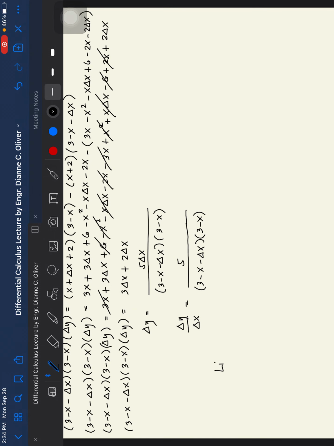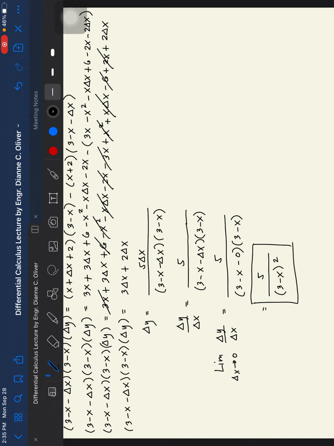Then, the limit of the ratio: the limit of delta y over delta x as delta x approaches 0 is equal to 5 over (3 minus x minus 0)(3 minus x). So the answer becomes 5 over (3 minus x) squared. So that is the final answer.